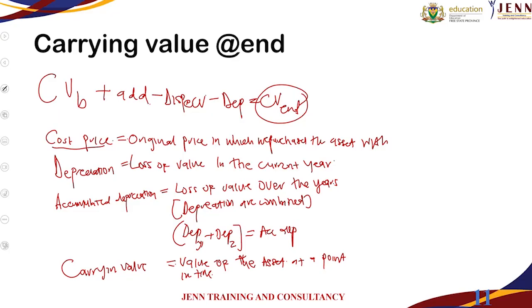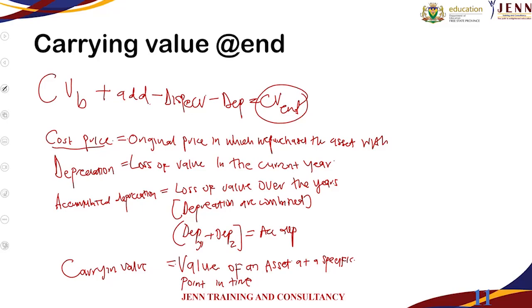Right. And then now we can move to the carrying value part. Let me just erase and write it better. Now the carrying value part, what are we saying? It is the value of an asset at a specific point in time, at a certain date.